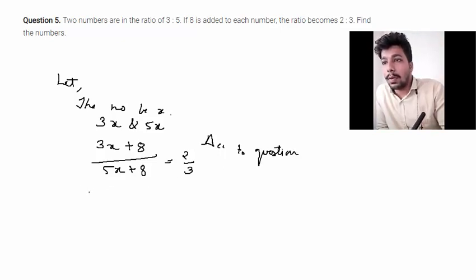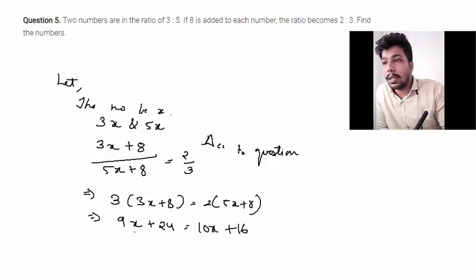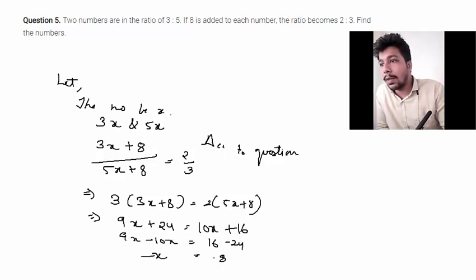Now applying cross multiplication here, we are getting 3 times (x plus 8) and 2 times (5x plus 8). So now we only need to cross multiply them. So 3 times 3 is 9x, 3 times 8 is 24, 10x plus 16, then 9x minus 10x and 16 minus 24. From here we are getting minus x, and from here we are getting minus 8.